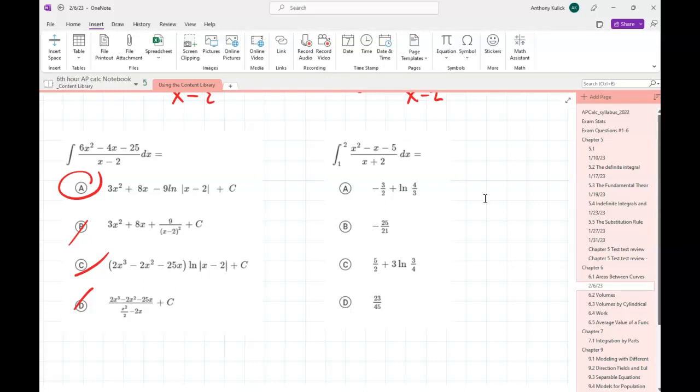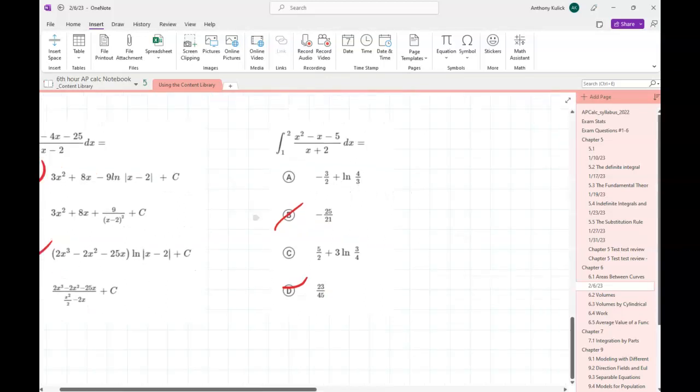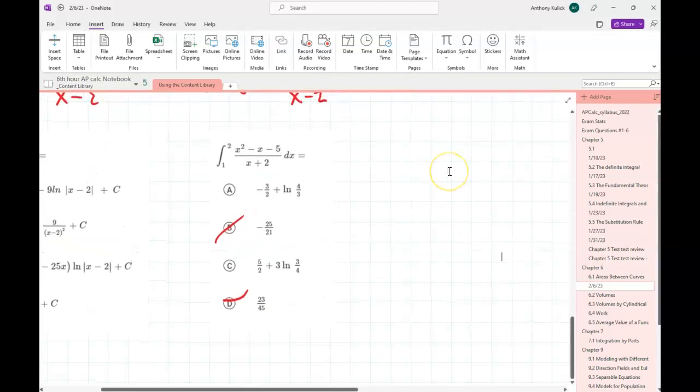Ugh. Which are the 2 that you consider right off the bat? A and C, right? So let's cross out the other ones. I agree. All right. So how am I going to tell the difference?